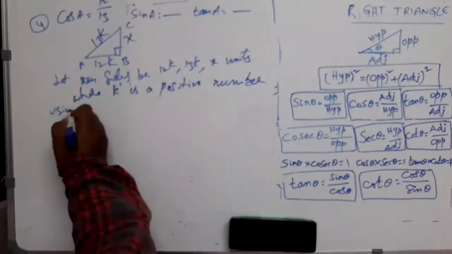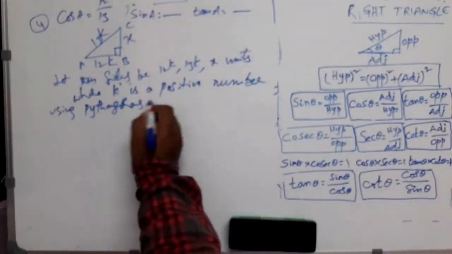Now, if you want to find the value of the third side, because you know the two sides, what shall we do? As usual, we go for using Pythagoras theorem. AC square is equal to AB square plus BC square, right?